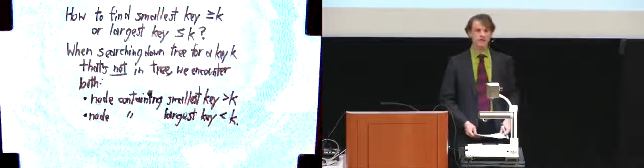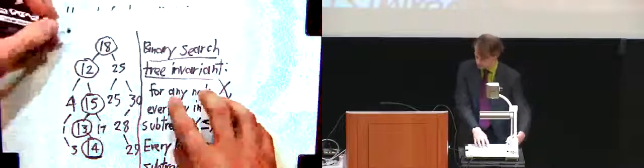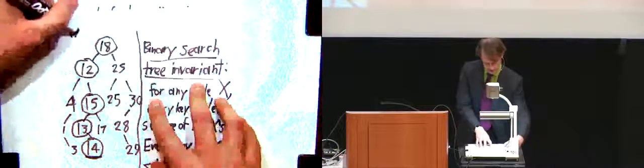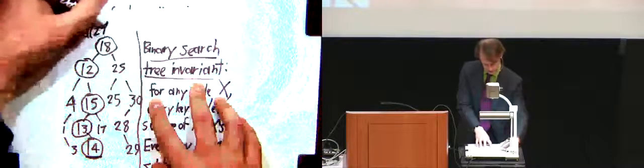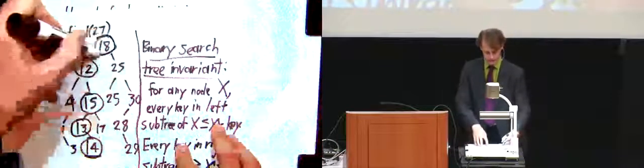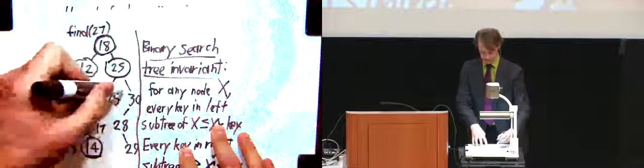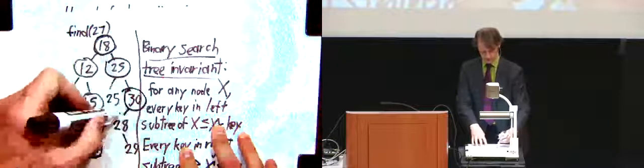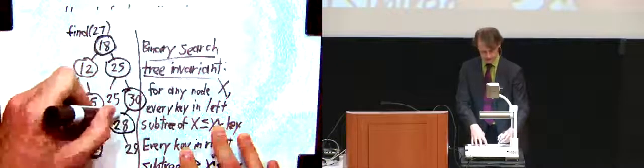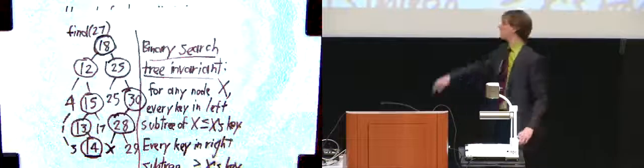So as a demonstration of this, let's go back to the tree we started with, only this time let's see what happens if you do find 27. You start at the root at the 18. 27 is bigger than 18, so you go right. 27 is bigger than 25, so you go right. 27 is less than 30, so you go left. 27 is less than 28, so you wind up at a null pointer right there.